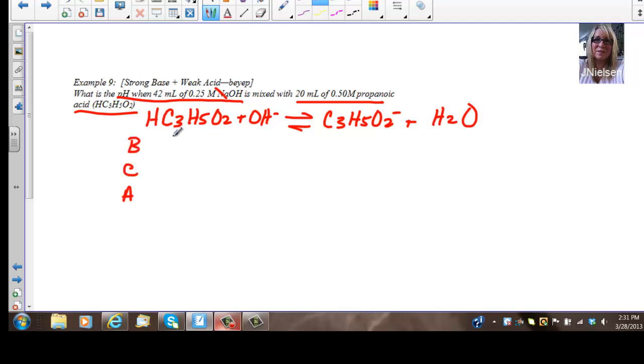Before, I've got my base, 42 times 0.25, which is going to give me 10.5 millimoles. And my acid, I've got 20 times 0.5, which is going to give me 10 millimoles. And this is 0. So it's going to be minus 10, minus 10, plus 10. It's going to be 0, it's going to be 0.5, and this is going to be 10. And we don't care about this.